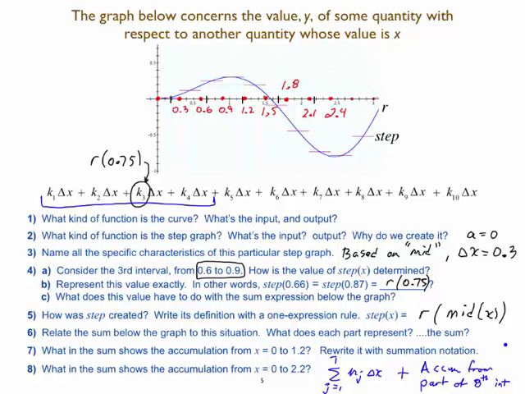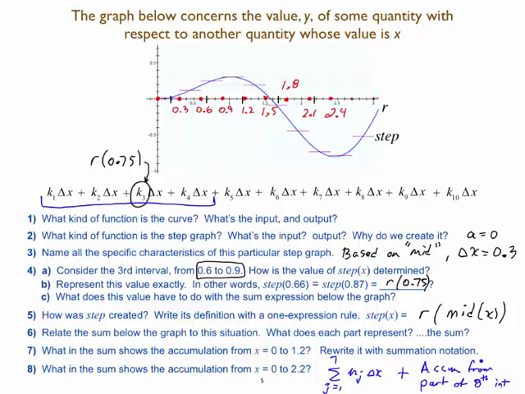We can use that summation notation to get the first 7 intervals because they're all the same: k delta x, k delta x, k delta x. But then that last piece is different. It's a shorter interval, shorter than delta x, shorter than 0.3. So we've got to calculate that separately.